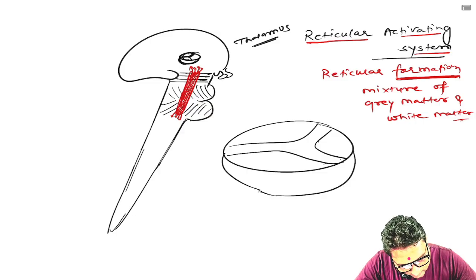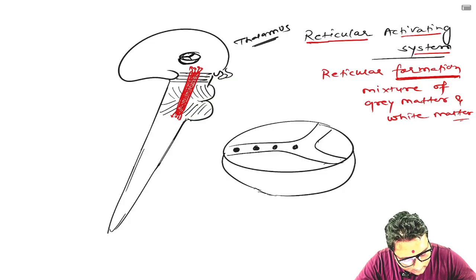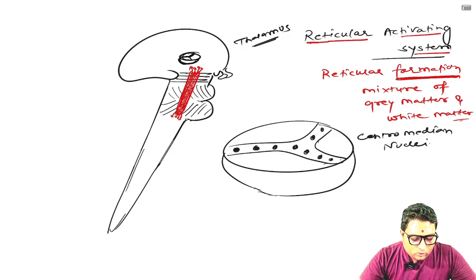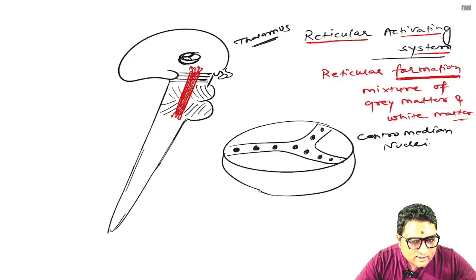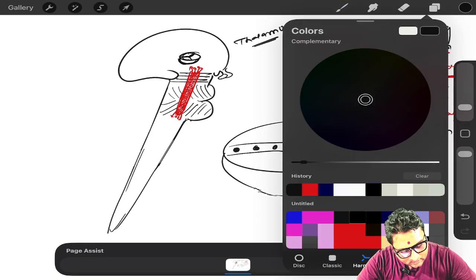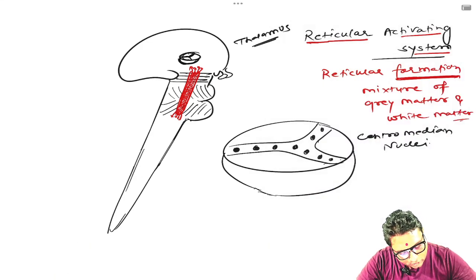This Y-shaped gray matter consists of multiple nuclei, and these nuclei are called centromedian nuclei.